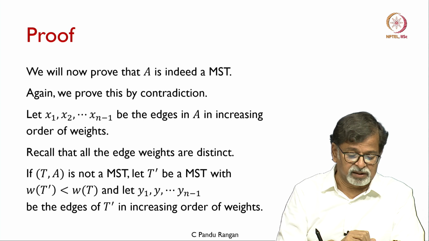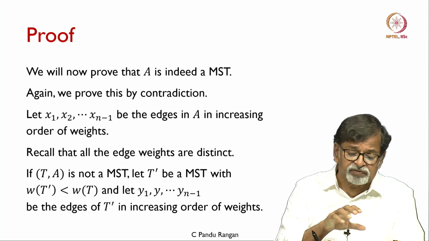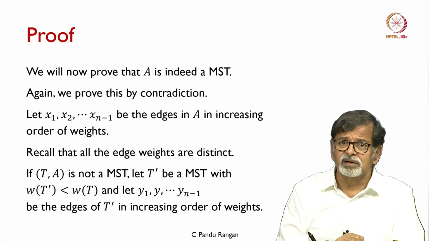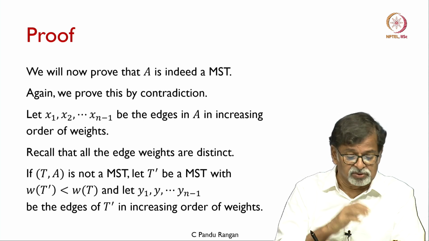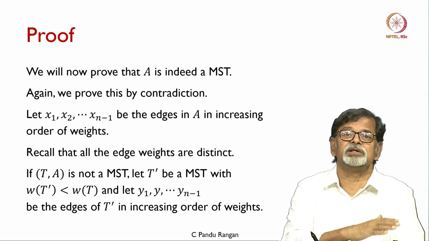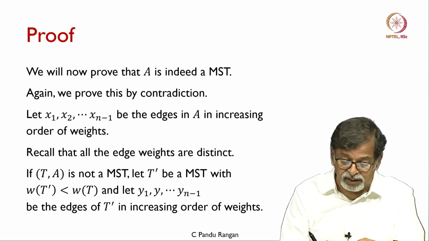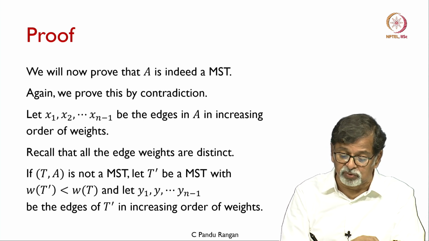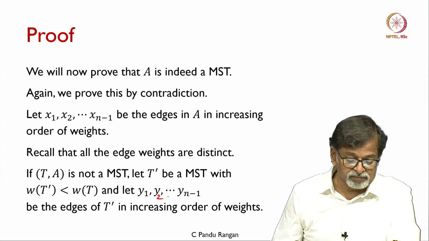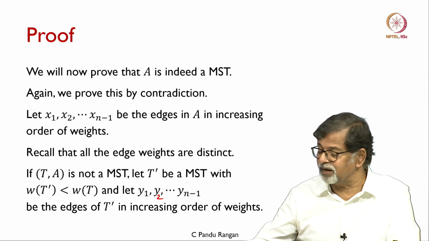Remember our assumption that all edge weights are distinct. If this is not forming a minimum spanning tree, we are going to arrive at a contradiction. So, assume that there is a spanning tree with a cheaper cost. Therefore, weight of T dash is less than weight of T, and let y1, y2, ..., yn minus 1 be the edges of T dash, again in the increasing order of their weights.